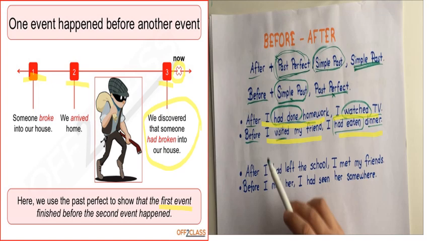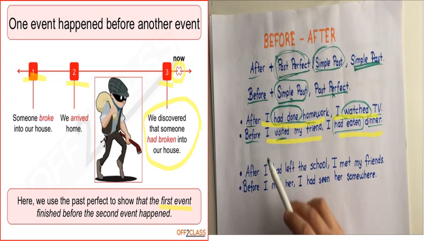By the way, we usually use before and after with both the past perfect and the simple past. For example, look at this sentence. If you have after in your sentence, it can be followed directly by the past perfect and then the simple past.